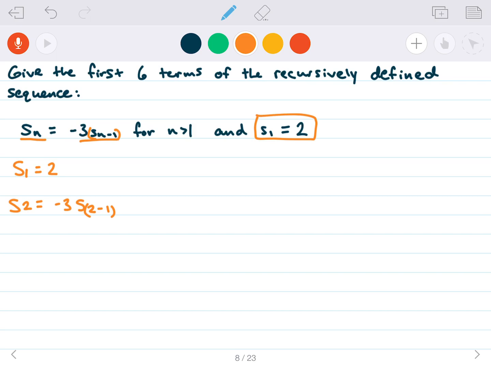Let's see. So maybe I'll write this a little bit better. S sub n minus 1 should be, that's an S. Well, actually, maybe, let's see. Let's write it like this.